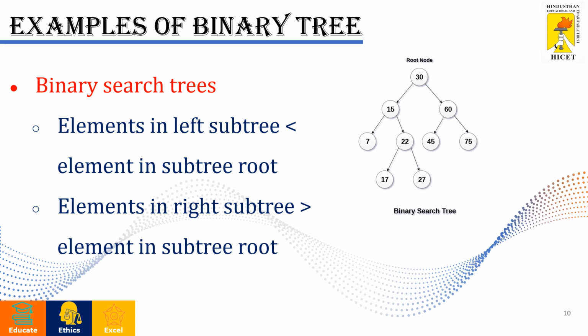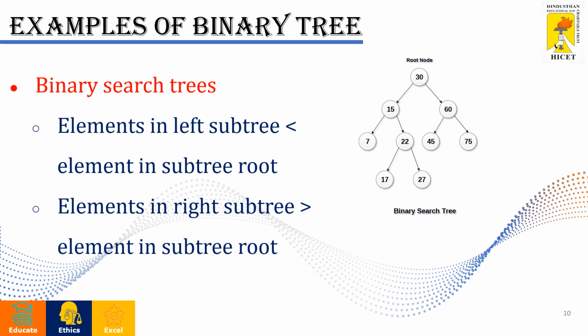Another example of a binary tree is the binary search tree. A binary search tree is nothing but a binary tree plus a condition. A binary tree is one which has two subnodes. In a binary search tree, the elements of the left subtree will always be less than the element of the right subtree.